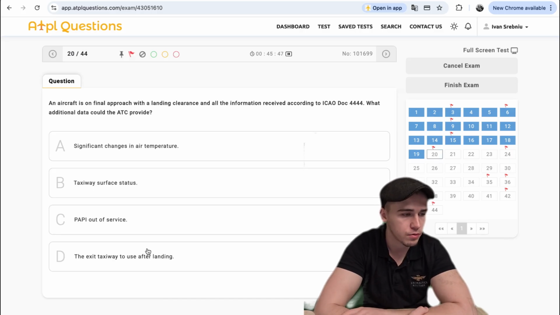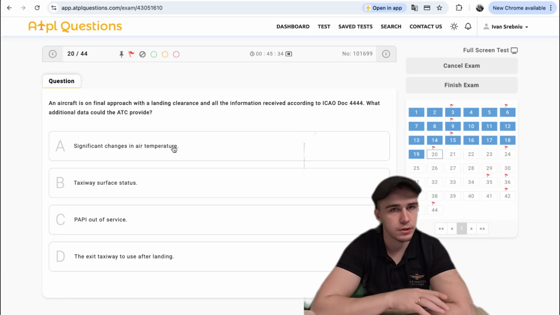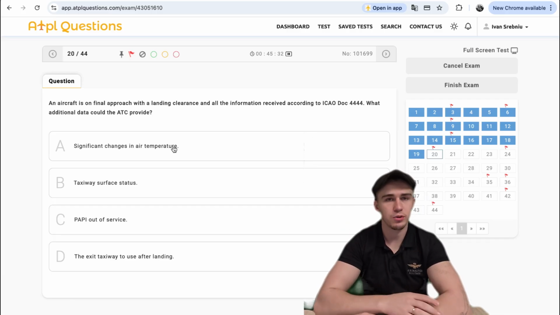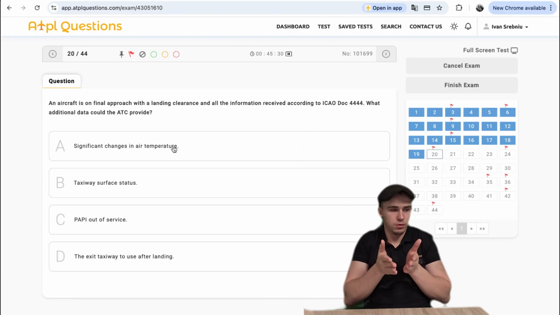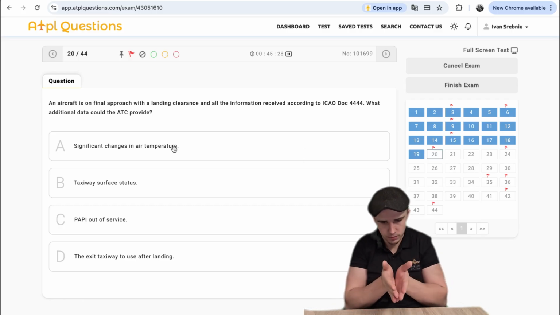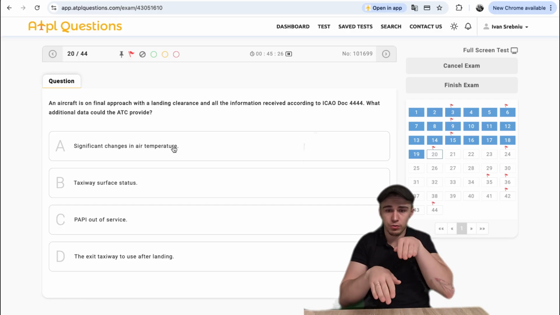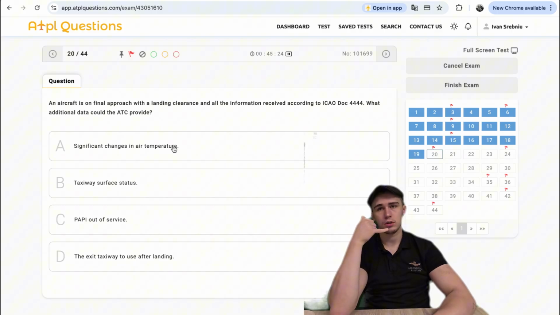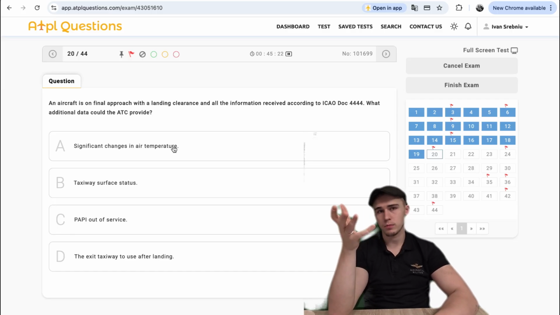An aircraft is on final approach with landing clearance and all the information received according to ICAO Doc 444. What additional data could the ATC provide? It's a tricky question, because when you are on final, you fly and you listen. For example, what is the most significant information for you?